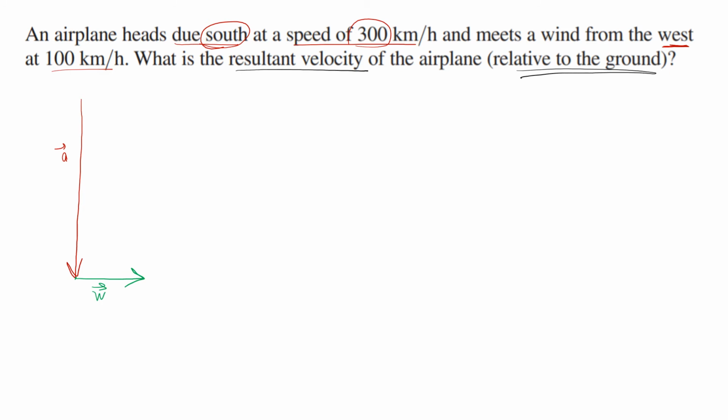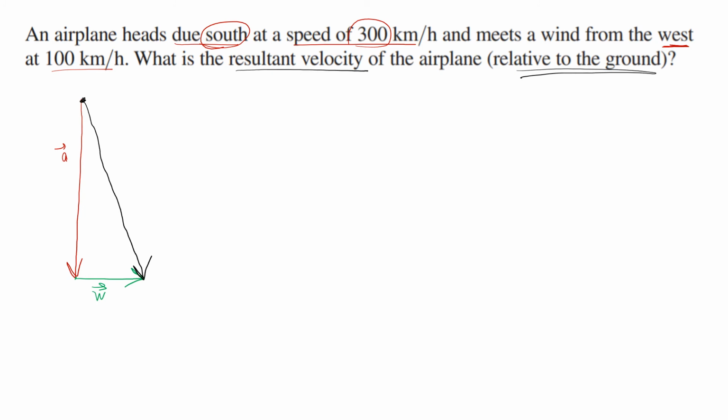Why I did that is when an airplane moves in this direction and there's a wind coming from this direction, the airplane will tend to move a little bit towards the east. But it's not completely going like that because it has a velocity also. The airplane has its own velocity. So the resultant velocity will just be starting from the beginning and going to the end vector right over here.